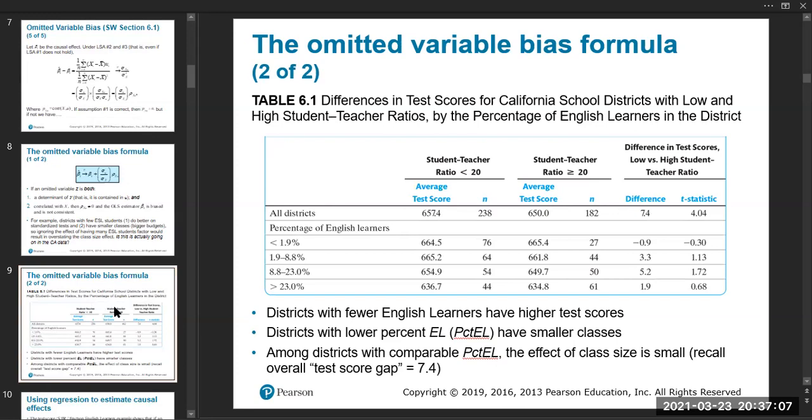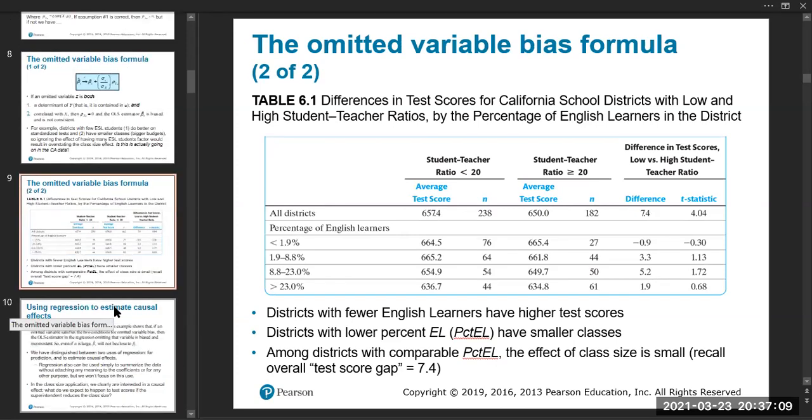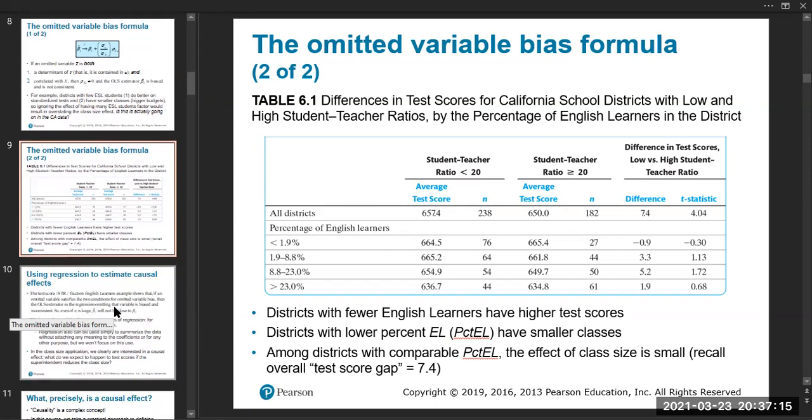All right, so let's take a look at this English level example. First, there is this tabulation of data. If you compare small class and large class, small class is student teacher ratio smaller than 20, large class is 20 or above.